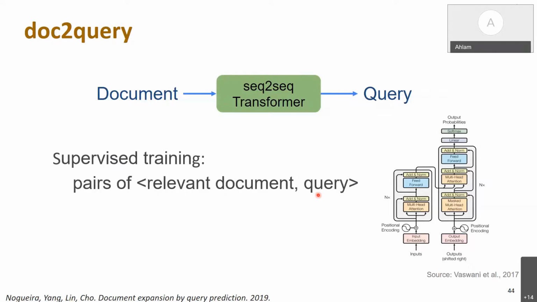So when we train, we give both the relevant document and the query. We want to learn a model that afterwards, in inference, will get only the relevant document and will generate the query for it. Now this query will be appended to the document. This query will be like the terms that we should add to the document to expand it.